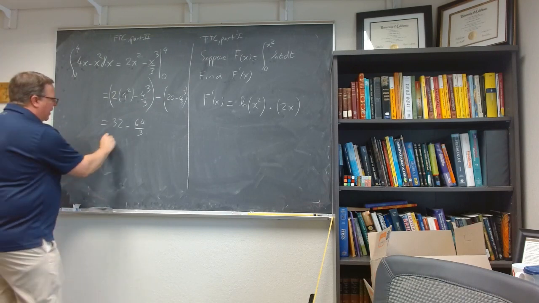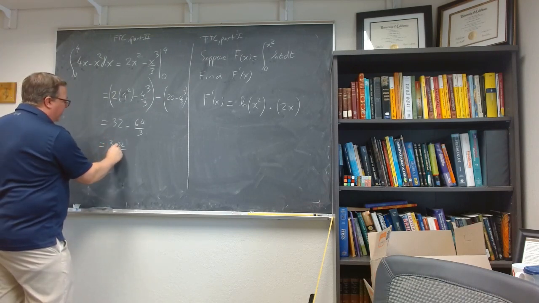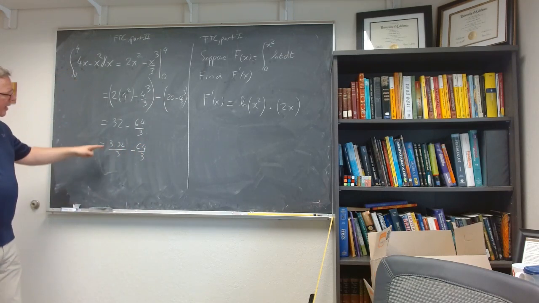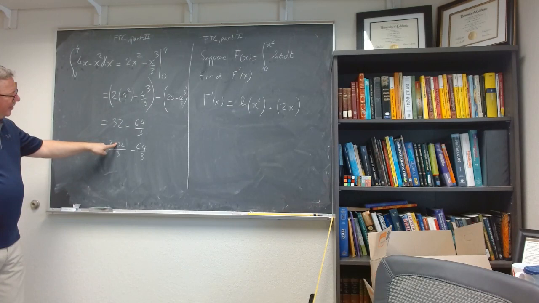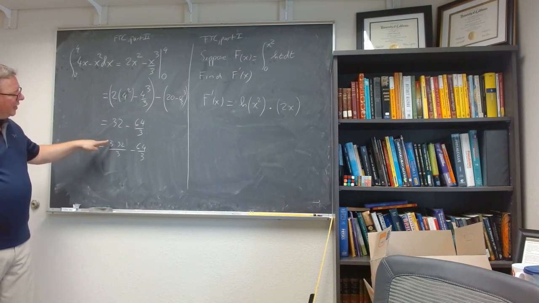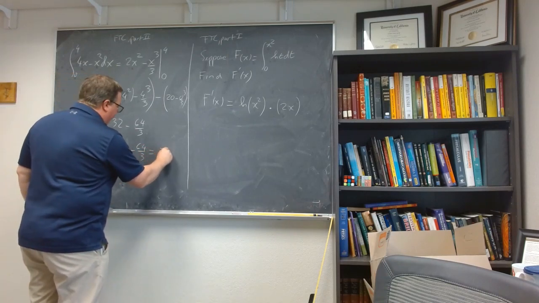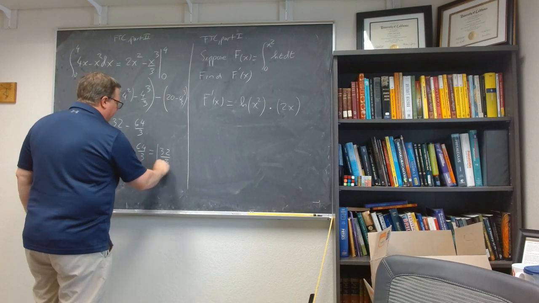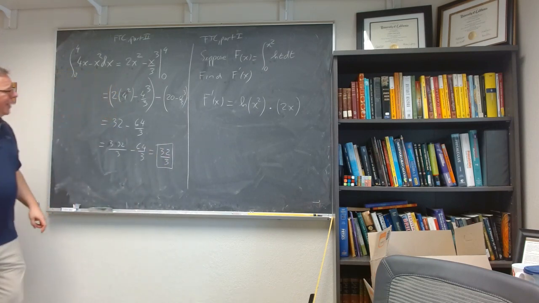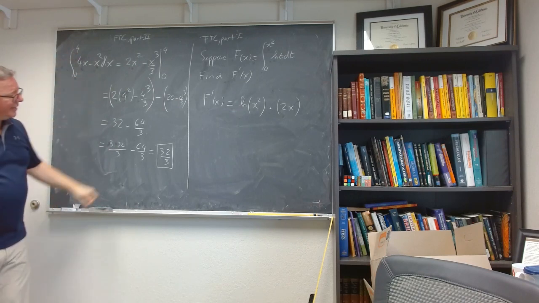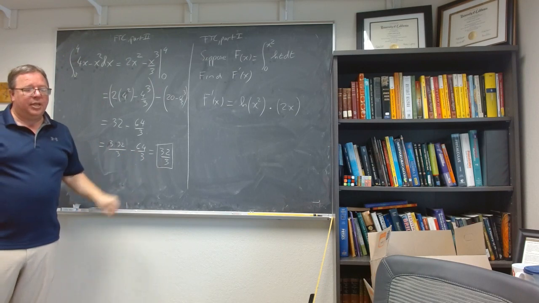When we do, we're going to get 3 times 32 over 3 minus 64 over 3. 3 times 32 is going to be 96, minus 64, which is 32, so we'll just have 32 over 3 left over. So the area under the curve of 4x minus x squared between 0 and 4 is exactly 32/3.